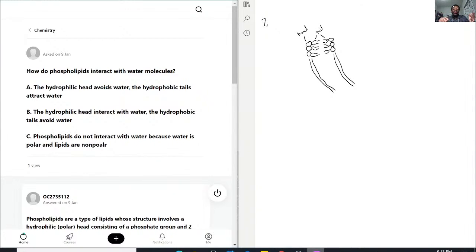It says a hydrophilic head interacts with water while the hydrophobic tail avoids water. Hydrophobic kind of translates to water fearing, and it's just another way of saying that it doesn't want to interact with it. So the way you think about it is that for the phospholipid bilayer, we have polar stuff on the outside, and it's able to hold its shape because the water-loving side interacts with water, but the water-avoiding side doesn't let things just easily pass through.